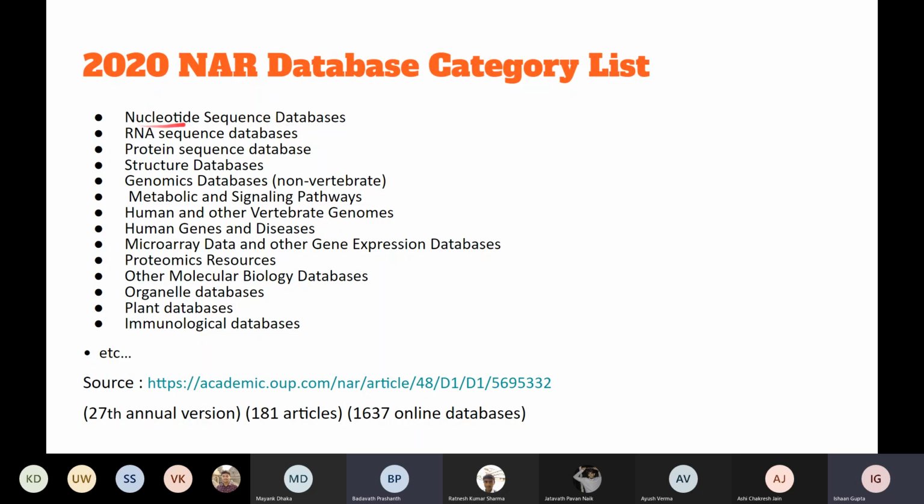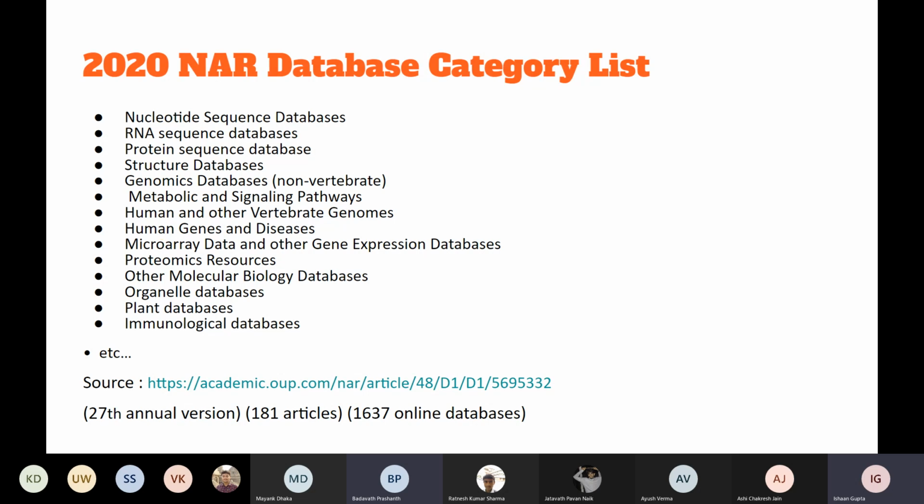For example, there are nucleotide sequence databases, RNA sequence databases, protein sequence databases, to information about those molecules, such as structural databases, genome databases, metabolic signaling pathways. Then there are conglomerates. So there are databases of collection of genomes, such as human and vertebrate genome databases. There are databases specifically around genes and how they relate to diseases.